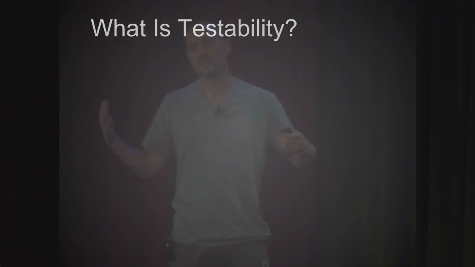OK, so when we talk about testability, actually, before I even jump into this, we've heard a lot about testing and automating your testing. And I think Simon yesterday said something really great, which was you can't bake in testing and maintainability and all this stuff after the fact. It needs to be there from the very beginning. Otherwise, you're not going to get the benefits of automation and easy testing.